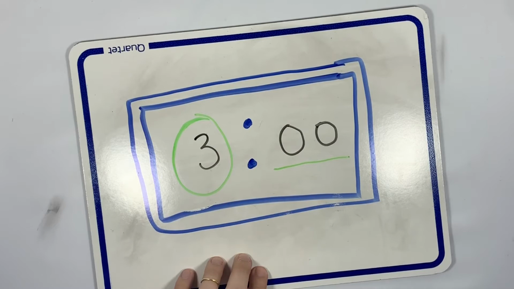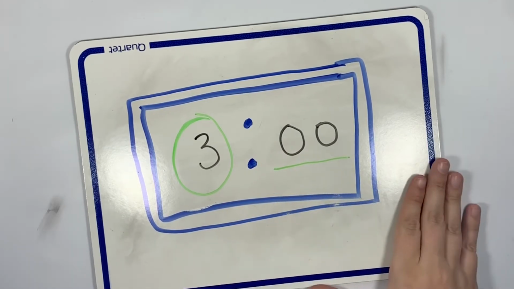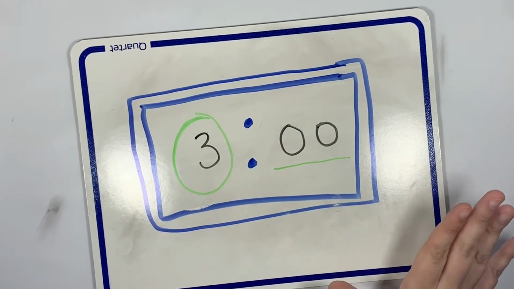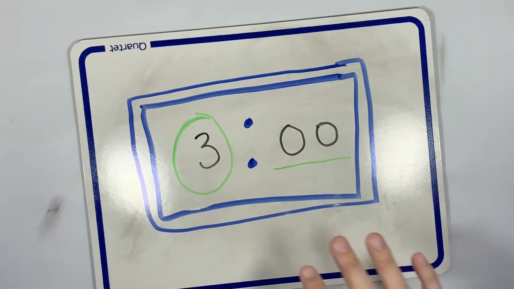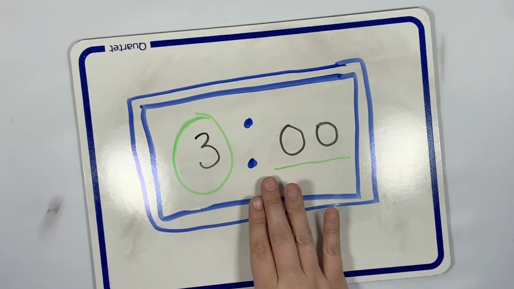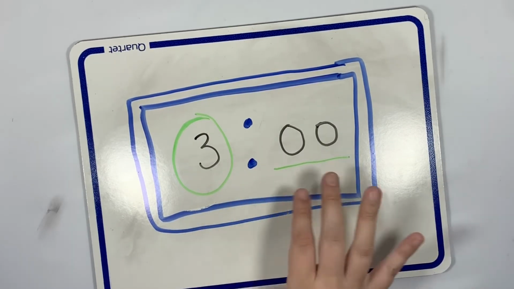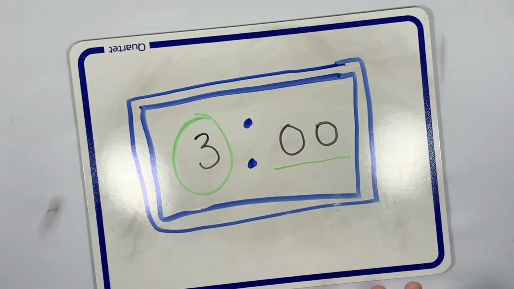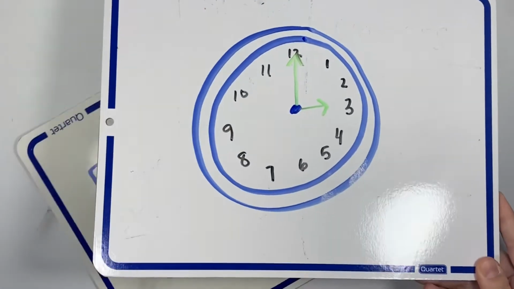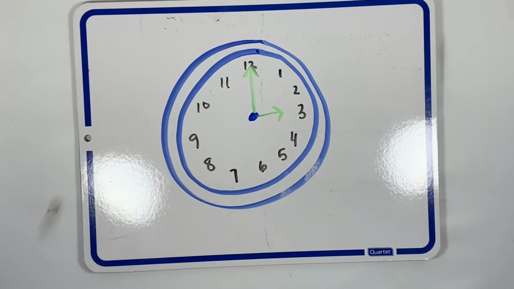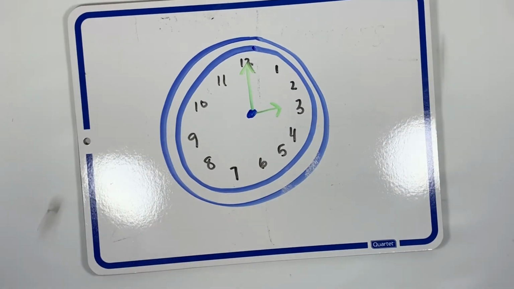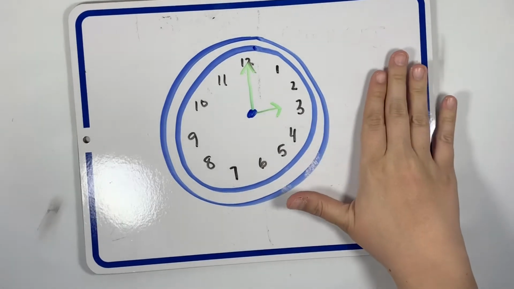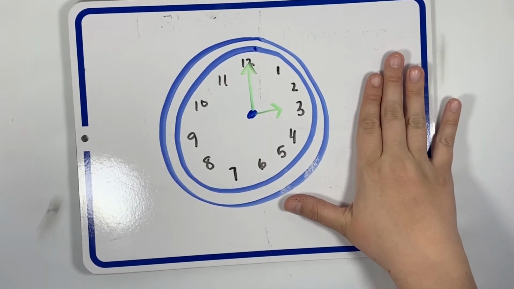The digital clock is the easiest. It's on cell phones, computers, tablets. This is what you would see on an electronic device. The analog clock is what you will see sometimes in houses or in businesses or at school, and this is the clock that we're going to be talking about today.